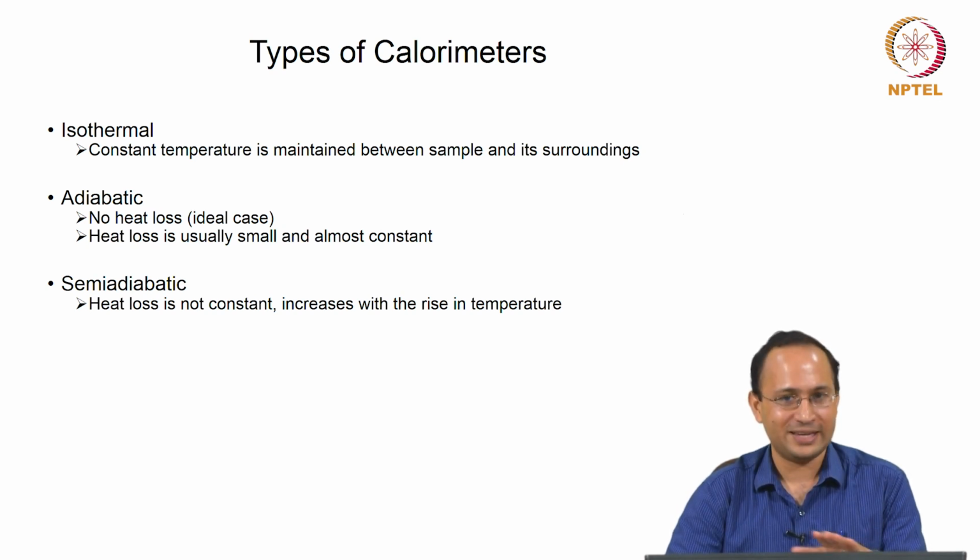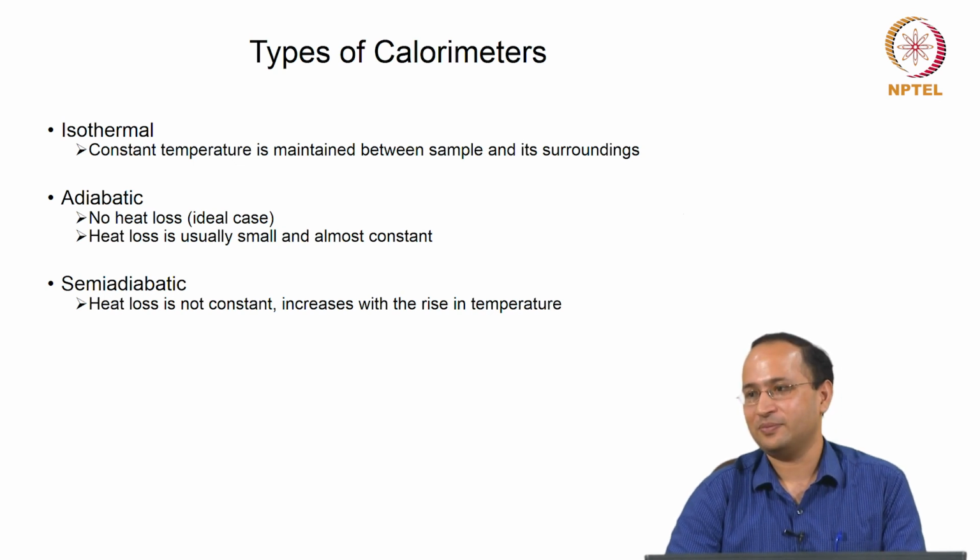We will go over these techniques, but right now just to understand, semi-adiabatic is similar to adiabatic, but the only difference is heat loss is not constant, it increases with the rise in temperature. So in adiabatic your heat loss is small and almost constant. In semi-adiabatic, heat loss is not constant, it increases with the rise in temperature.